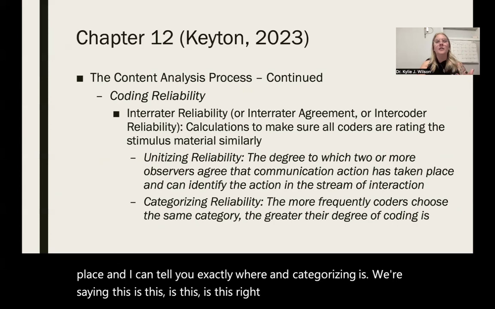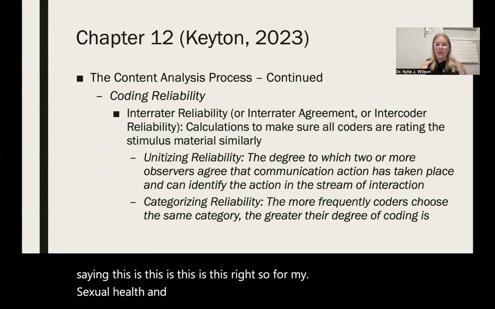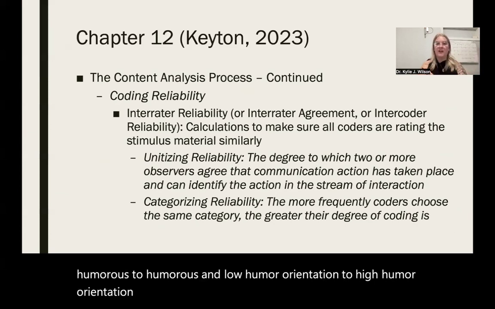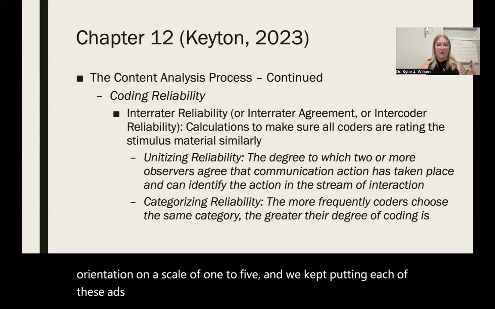So for my sexual health and humor study, I had categories ranging from not humorous to humorous, and low humor orientation to high humor orientation on a scale of 1 to 5. And we kept putting each of these ads into different categories based on our own personal preference.